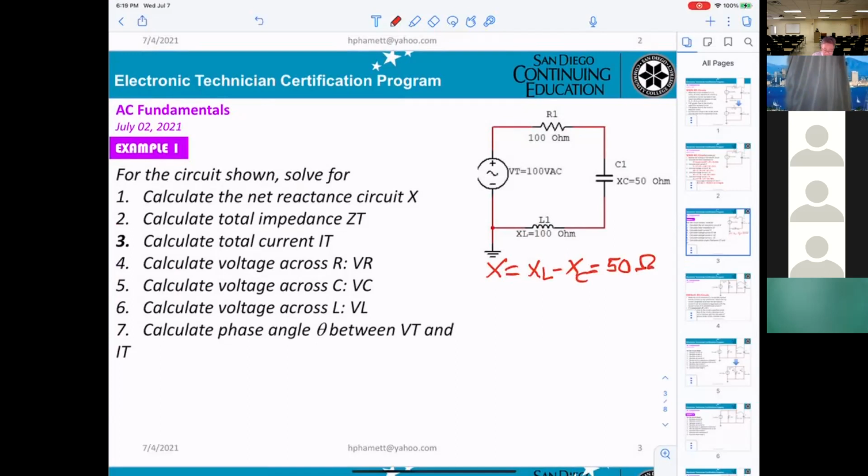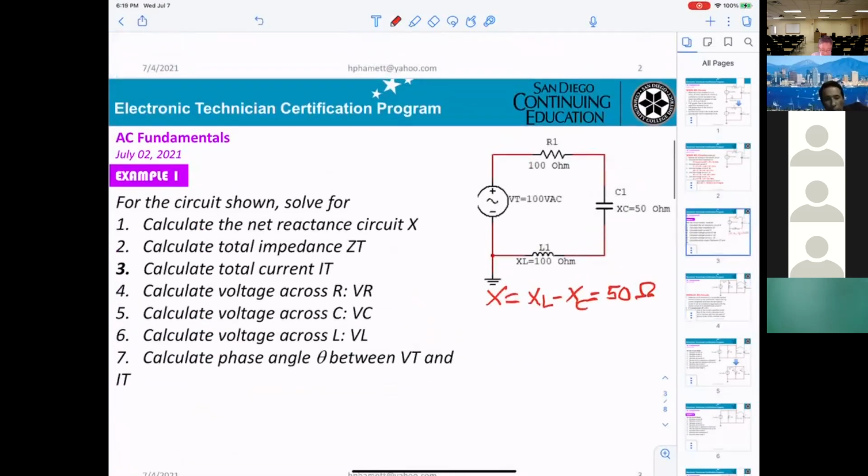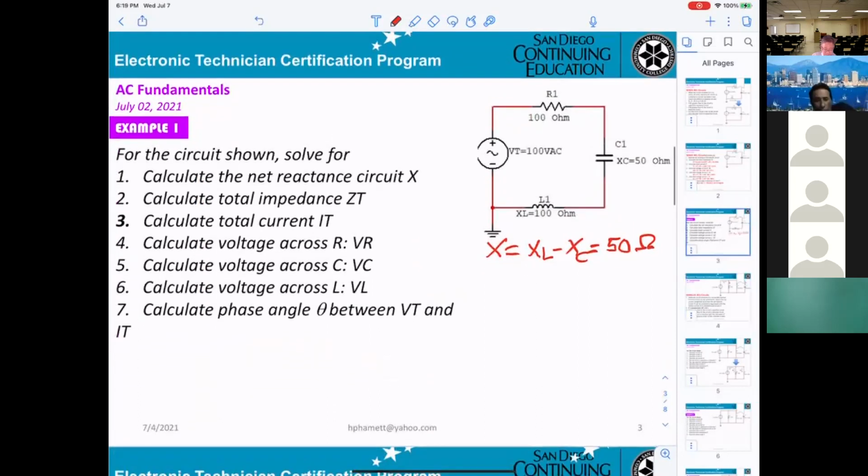Okay, so now you can get a new circuitry with only XL. In here, I did not give it to you, but you will come up with a circuitry that will look like this.